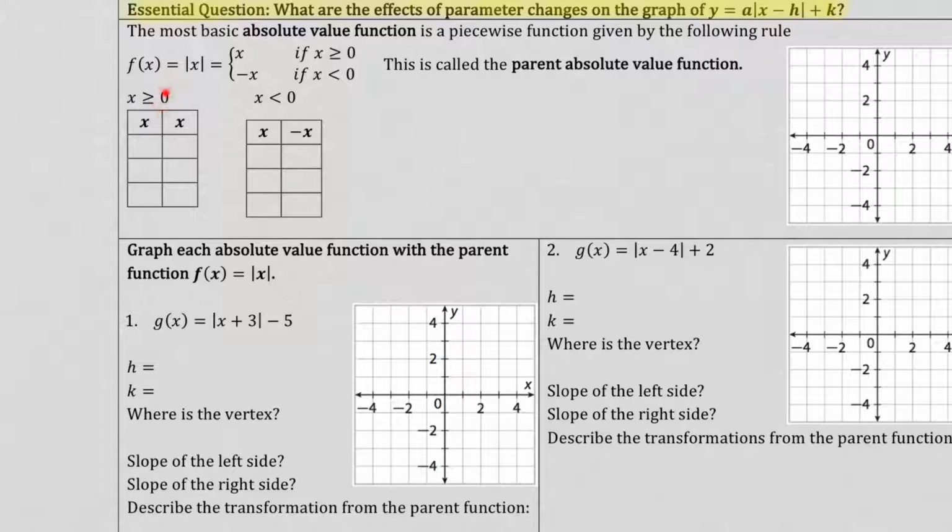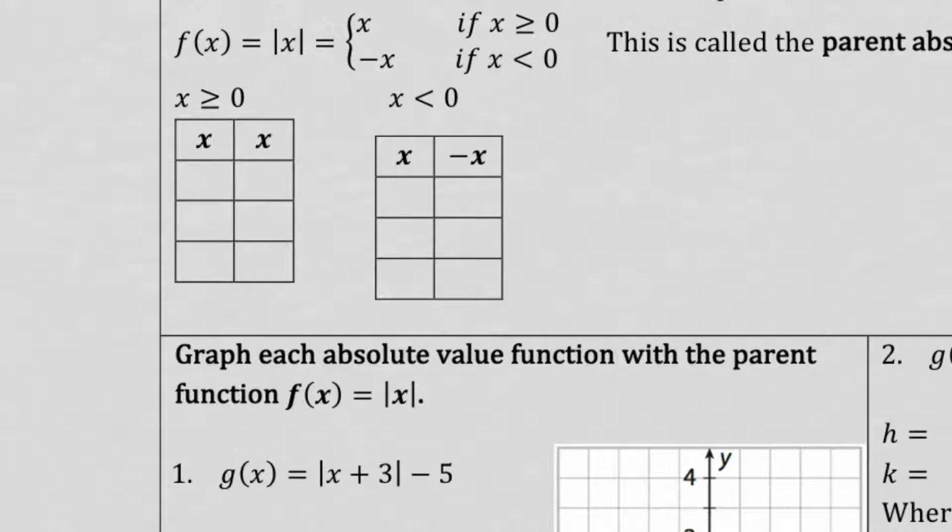So using this as my guidance, I am going to choose some points that I can plug in. For example, since I want values that are greater than or equal to 0, I'm going to start with 0. Then I'm going to choose some values that fit the requirement, which are numbers that are greater than or equal to 0, like 1 and 2, and you could keep going, 3, 4, and so on.